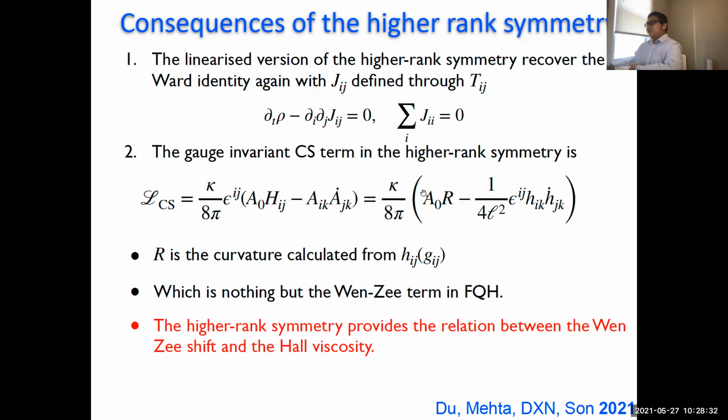The first term will give you the Wen-Zee shift, and the second term will give you the Hall viscosity. So basically, the higher rank symmetry provides the relation between the Wen-Zee shift and the Hall viscosity.